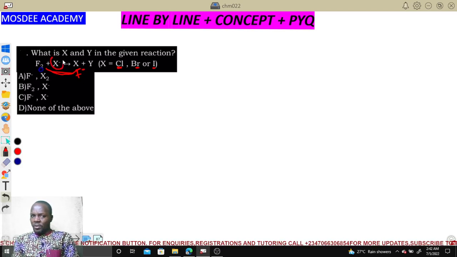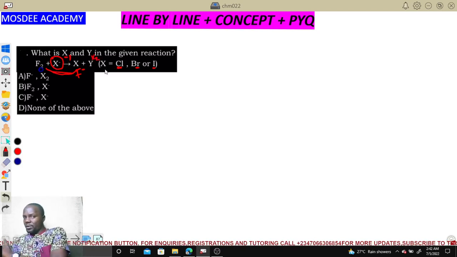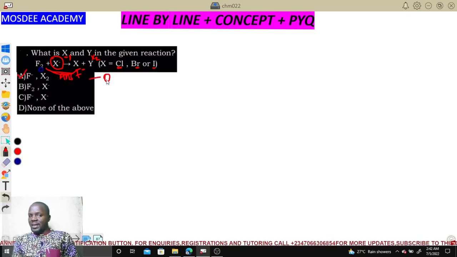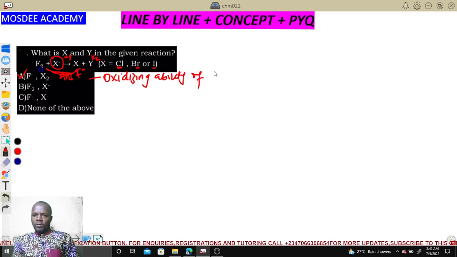What is the oxidation state of this radical? -1. It will now oxidize this X from -1 to 0, to X2. And that is what I was explaining the other time. So the correct answer here will be this guy. So this is the answer to this, talking about the oxidizing ability of fluorine.